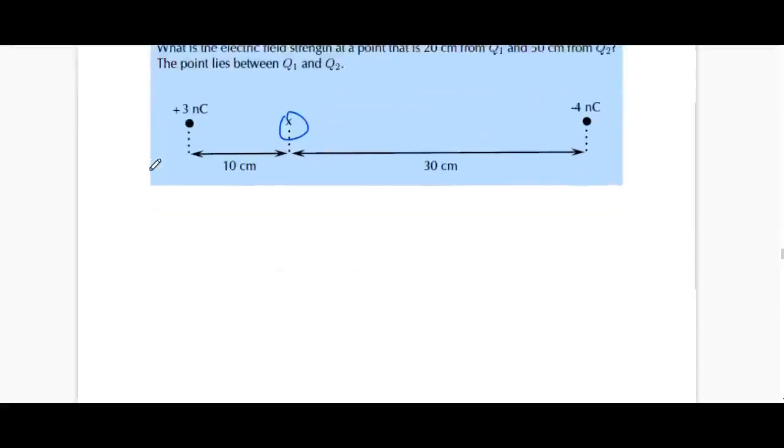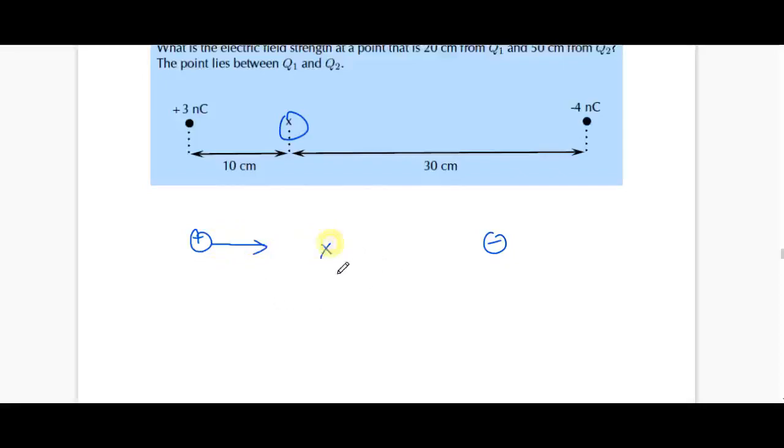First of all, let's write our electric field diagrams. We are talking with respect to x, and x is in the middle. Since Q1 is positive, the field lines go to the right.